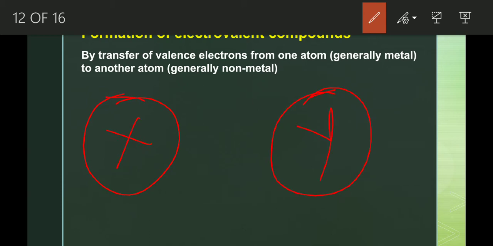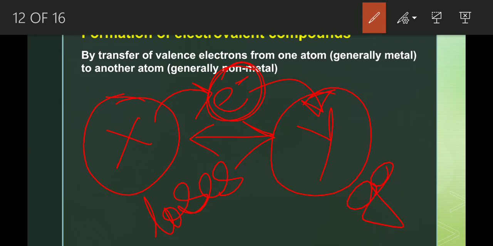Now, when there will be transfer of electrons between these two atoms, then an electrovalent bond or ionic bond will form. Suppose X gives out one electron, that means X loses an electron, then this electron will be gained by Y. So out of these two atoms, one atom will lose an electron and another atom will gain an electron.